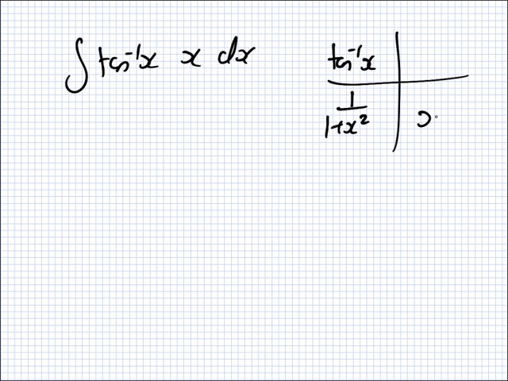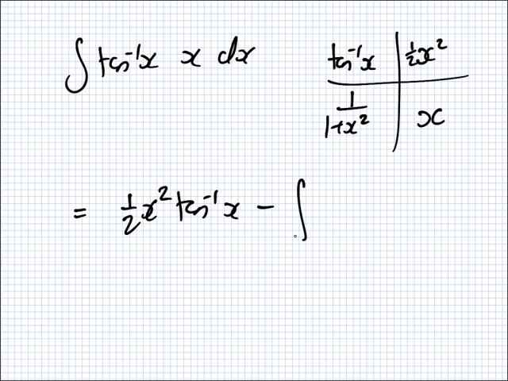G derivative is x, and here G is x squared over 2, a half x squared. So this will equal fg minus integrate f derivative times g, which is a half x squared there. I just put the half out.